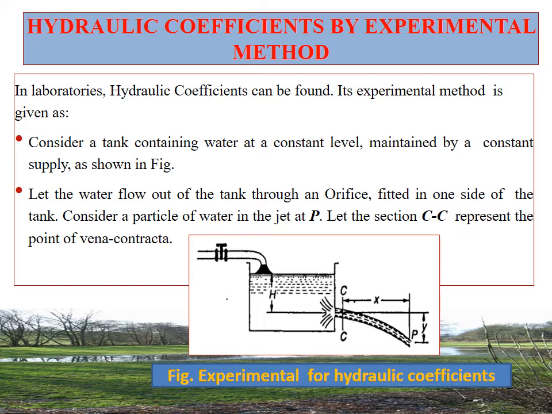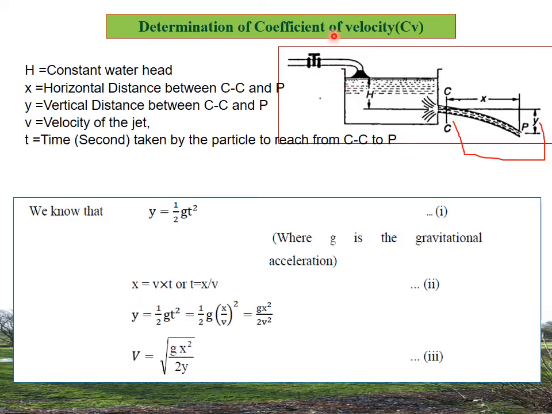First we will see how to find the coefficient of velocity, which is denoted by Cv.